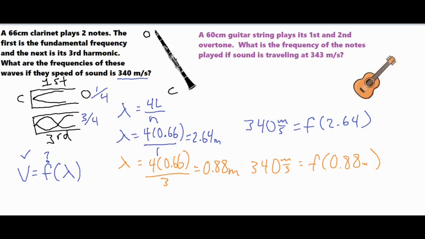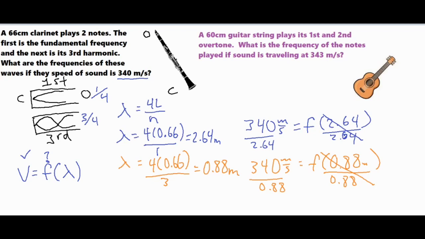So all you have to do is do a little bit of division for each one of them, divide both sides by 2.64, and divide both sides by 0.88. And then we have our two frequencies.